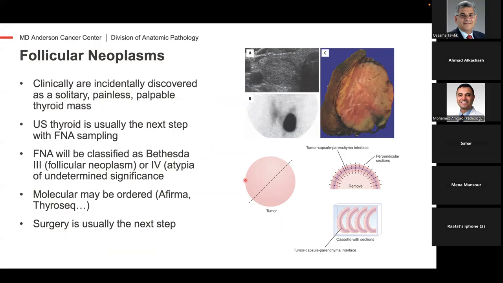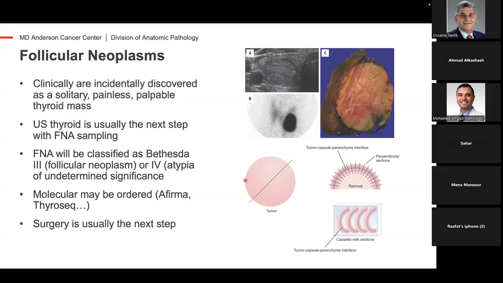The first thing that is done in any of these patients is an ultrasound, followed by, once the thyroid scoring classification is done, a decision to do FNA sampling versus not. When FNA sampling is performed, these lesions are usually classified as Bethesda 3, follicular neoplasm or atypia of undetermined significance.